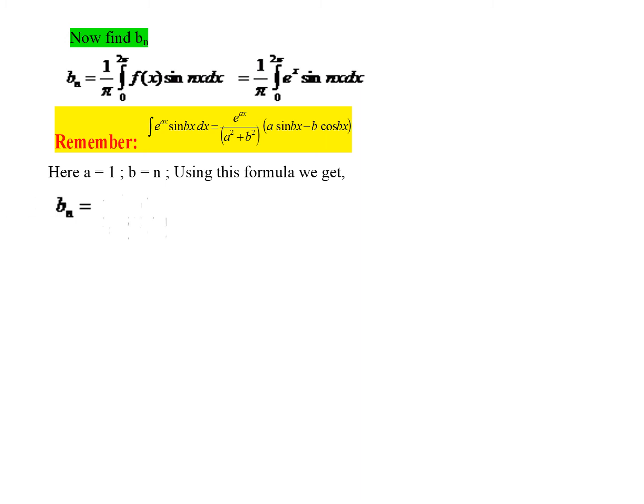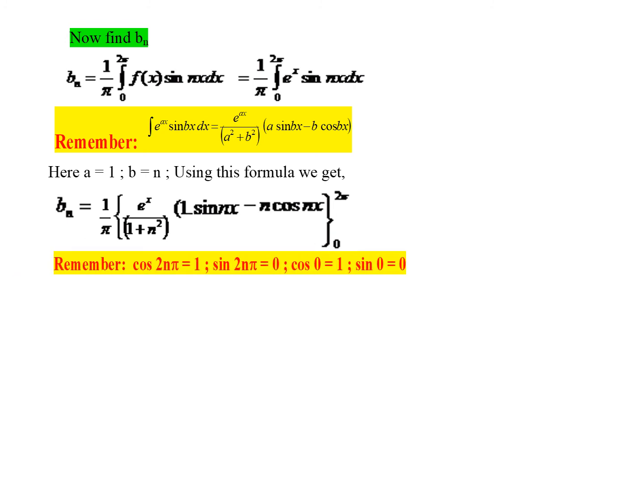So when we use this formula, what is going to be bn? 1 by pi e power x divided by 1 plus n squared, because in the place of a we put 1 and in the place of b we put n, into a into sin bx, that is the first term. So 1 into sin nx minus b into cos bx, that is the second term in the formula. So minus n into cos nx. Just remember, we are replacing a equal to 1 and b equal to n. And we need to apply the limit 0 to 2 pi.